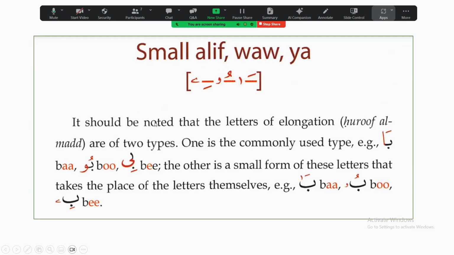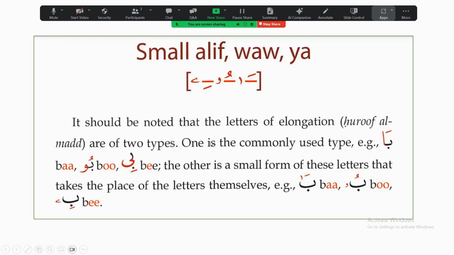It should be noted that these letters of elongation, huruf al mad, where mad means stretching or elongating, are of two types. The first type we have already covered, which was specifically called the letters of elongation. Today we will do the second category.